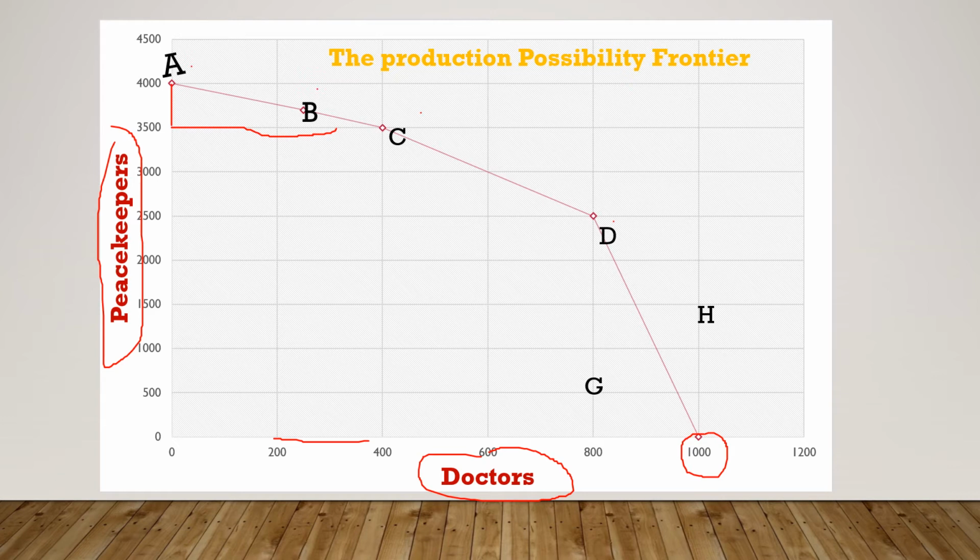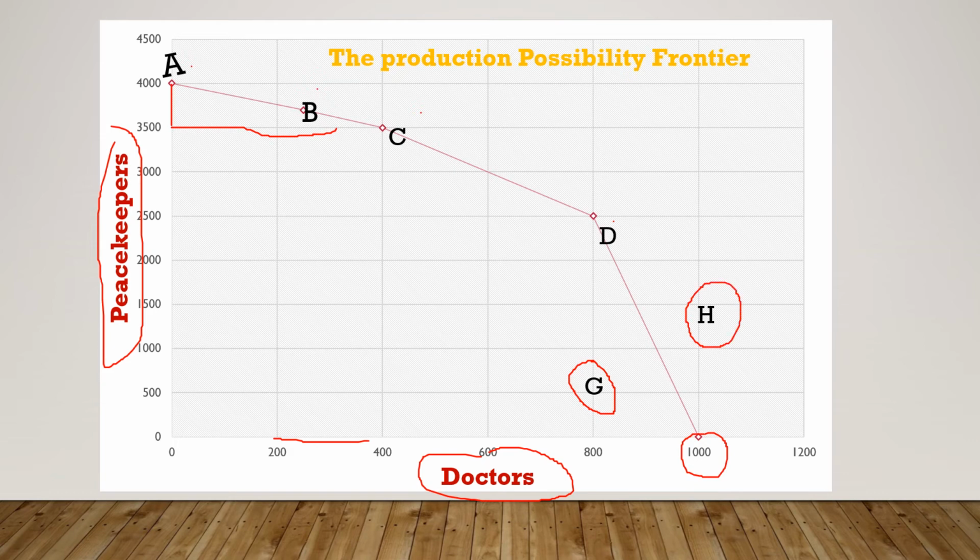The points inside the line are the ones that have not fully utilized the technology and the resources available, so they are underperforming. Either they are not producing any peacekeepers or any doctors, and yet the technology and the resources are there.